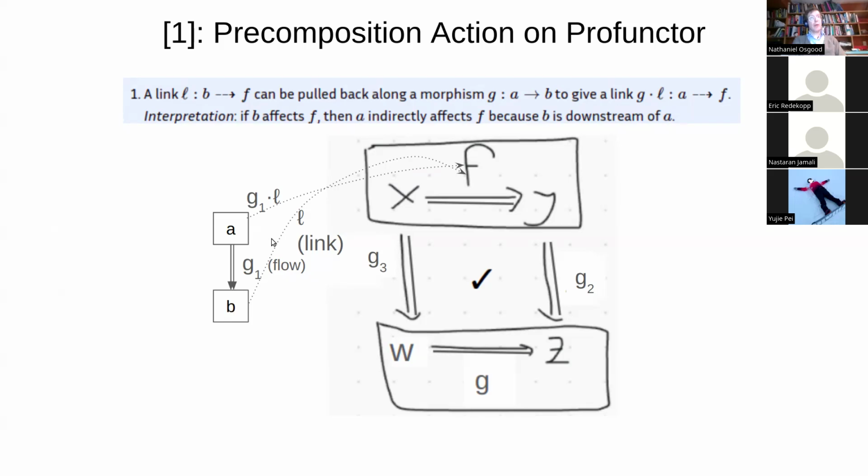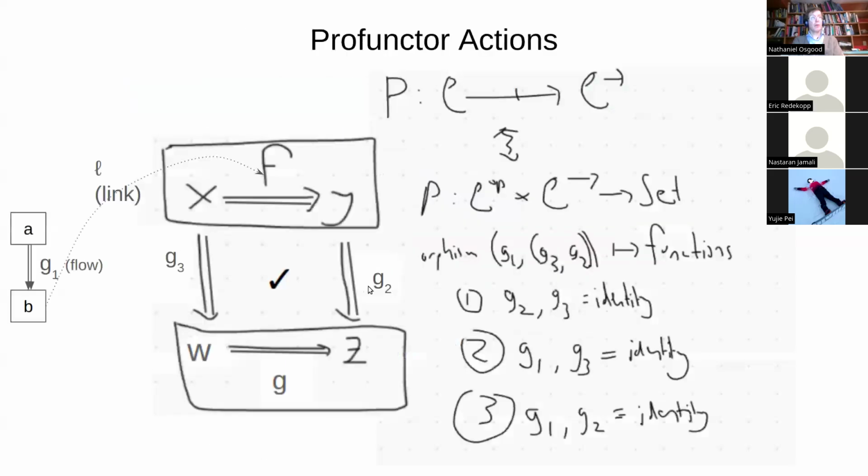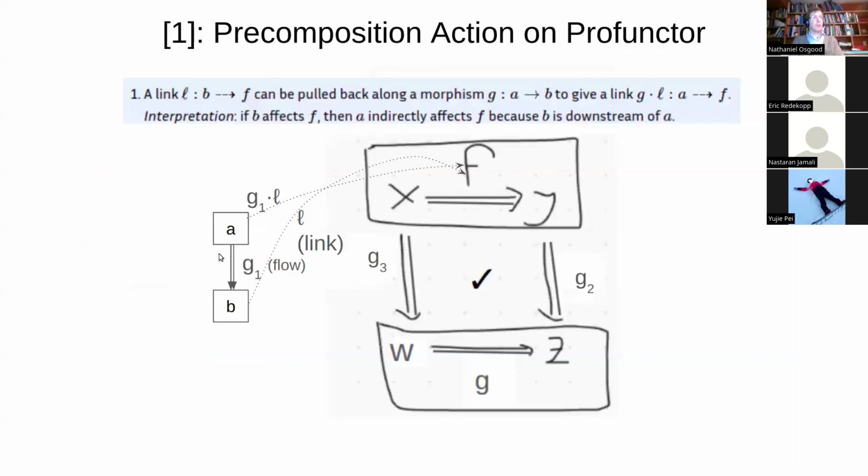This is kind of pre-composition. This is our equivalent of saying, if we have this particular link in green from B to C, then if we have a path from B to C with this particular link, then we have a path from A to C. Okay, good. So that's the pre-composition action here.